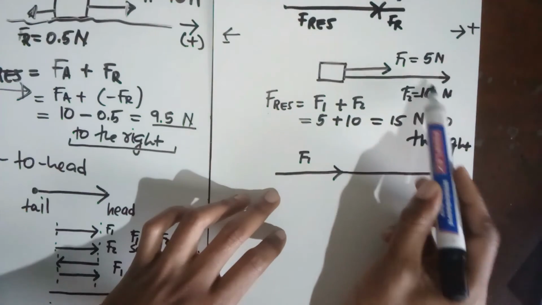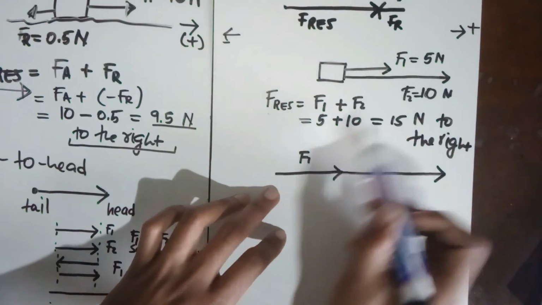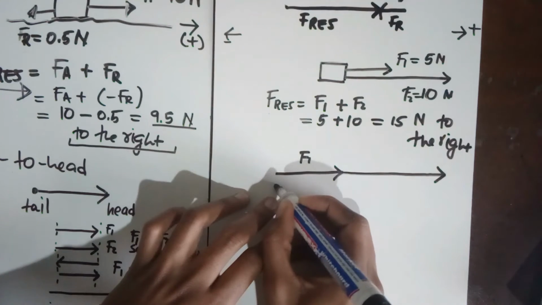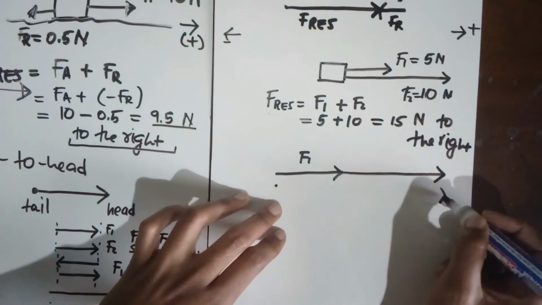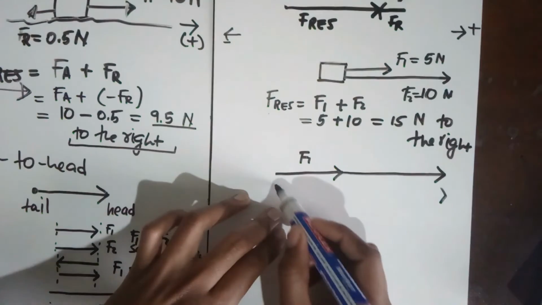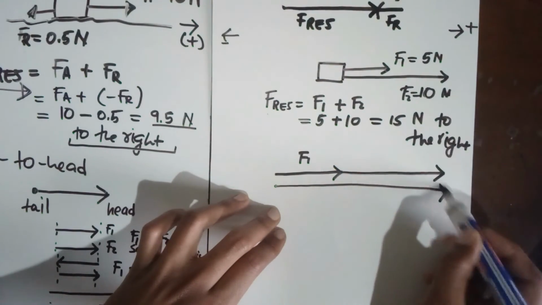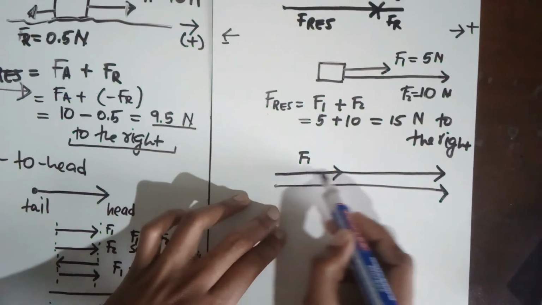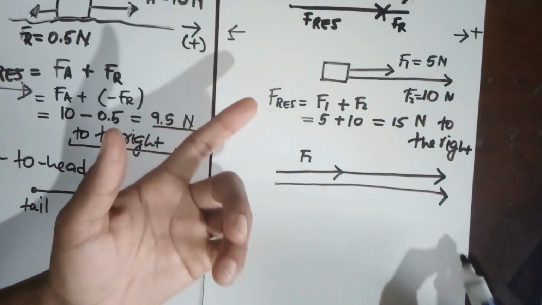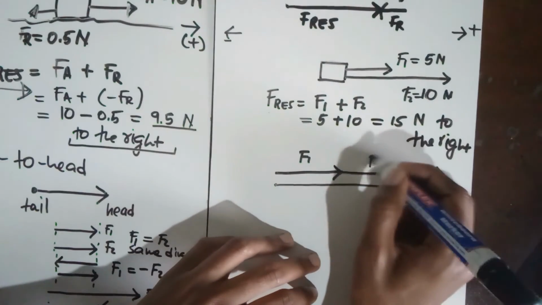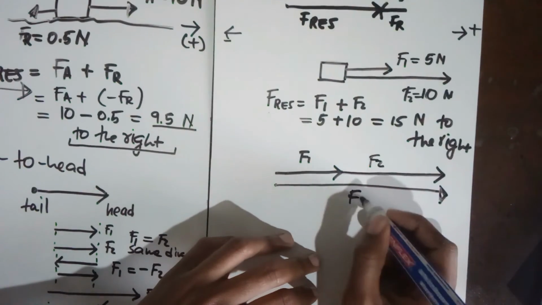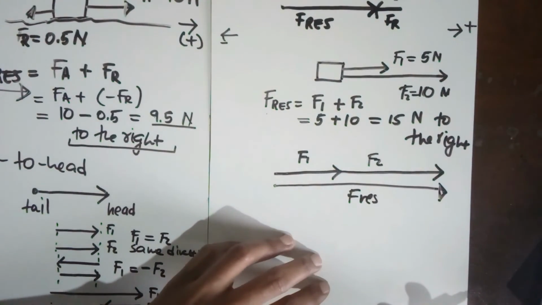And then to find the resultant, we say the tail of the resultant will be at the tail of the first vector, and the head will be at the head of our last vector. Our last vector in this case is F2. And then this is how you would find your resultant. Somebody else might draw it just here, but then if you're using the same color pen, you're not going to be able to see what is what. So this would be F2, and then this would be F resultant.